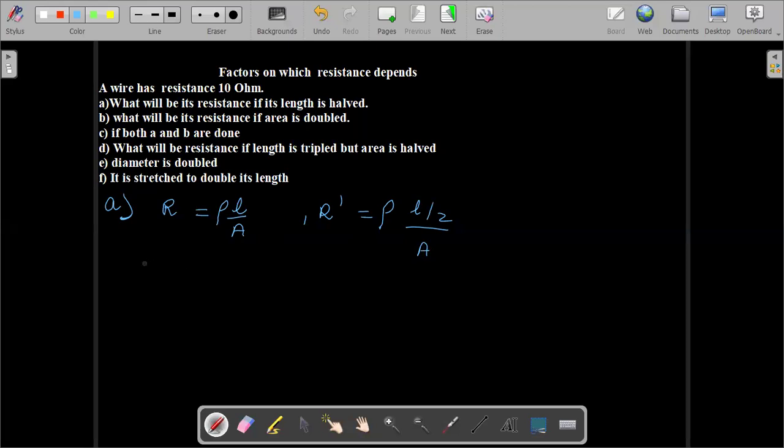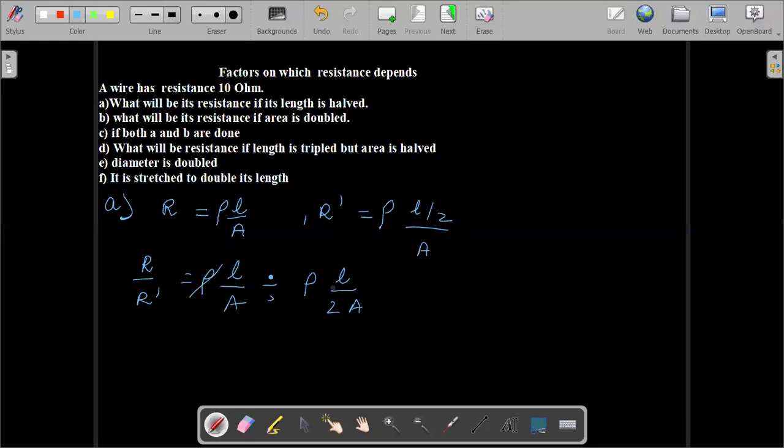You divide both the equations, so you obtain R over R dash equal to rho L by A divided by rho L by 2A. Let me make it step by step so that you are crystal clear. I can bring this 2 over here and write L by 2A.